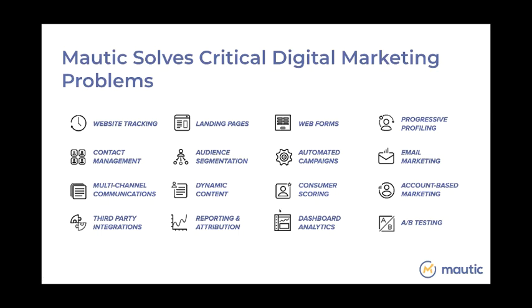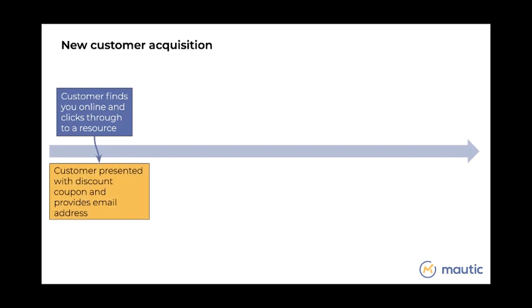So here is a basic example of how you can use Mautic. Let's look at this scenario as a case study. You want to acquire new customers. A customer gets to know about you online and then clicks through to a particular resource. That customer goes on to give you an email address to receive, maybe, a PDF download to know more about a particular topic.